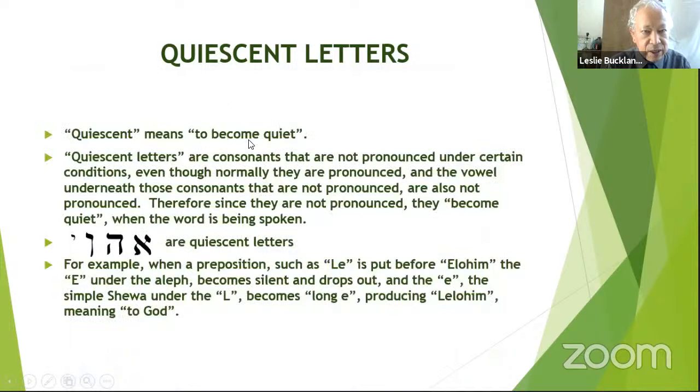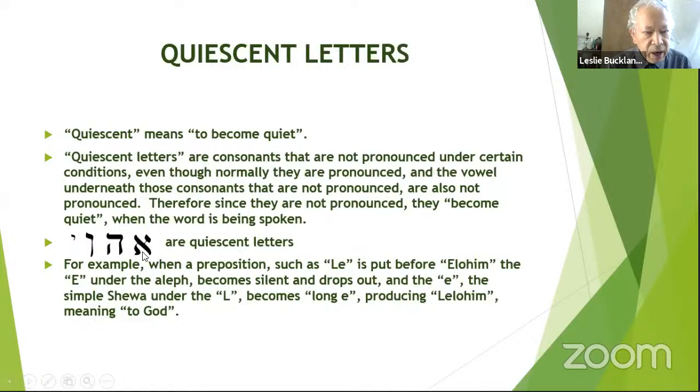Quiescent means to become quiet. And the quiescent letters are consonants that are not pronounced under certain conditions. And the vowel underneath those consonants is also not pronounced. Therefore, since they're not pronounced, they become quiet when the word is being spoken.